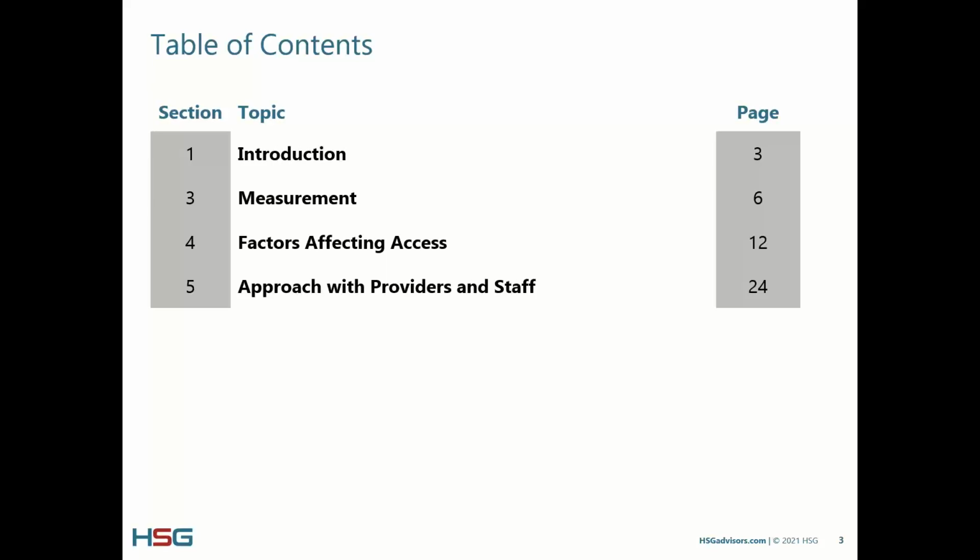So if you want to really work on your patient access as a whole, what factors might be underlying the ability to attract and retain patients based on having favorable access. And then finally, just a word of advice regarding the approach with providers and staff, very briefly.